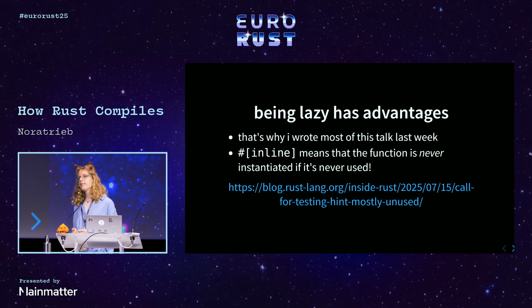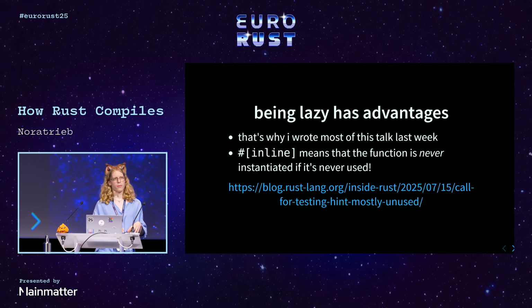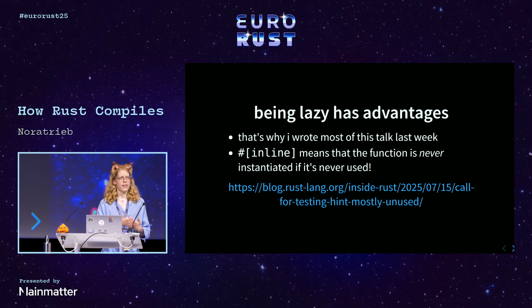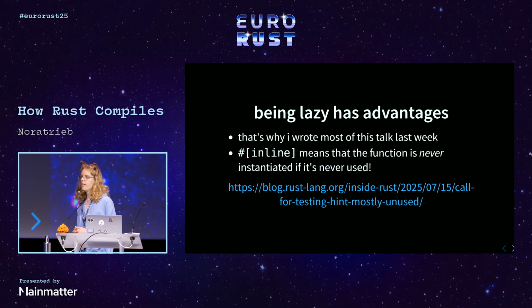Another way to phrase what the inline attribute does is that it is sort of lazy with instantiation. And being lazy can have significant advantages if the function is actually just never called. This means that if the inline attribute is used on functions which are never called, they never have to be compiled at all, and you save compile times. That's the idea behind an experimental effort called hint-mostly-unused in Cargo, which you can read about on the blog here.